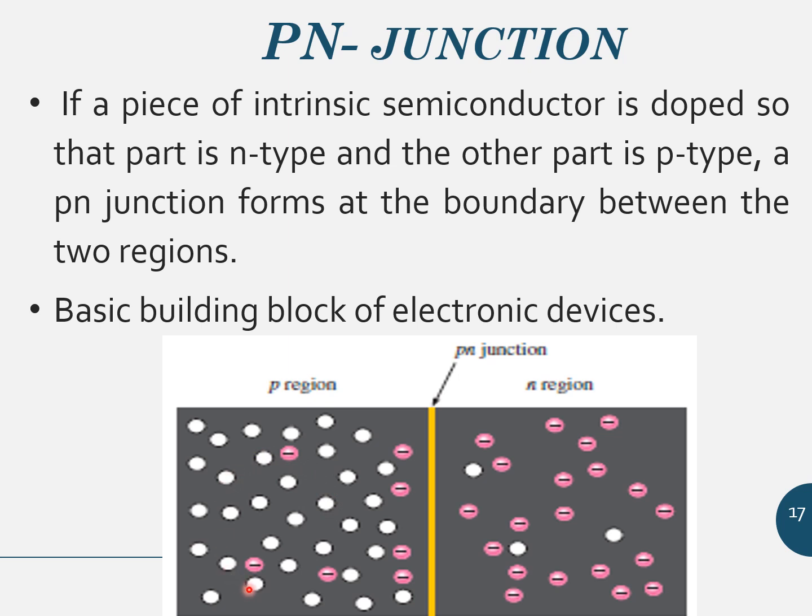And this is p-n junction, which is formed at the boundary between p and n regions. These free electrons in the n region near this p-n junction begin to diffuse across the junction and fall into the holes near the p-n junction in p region.